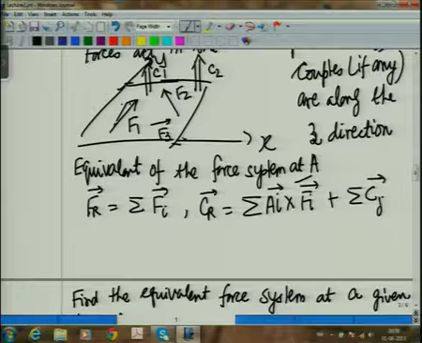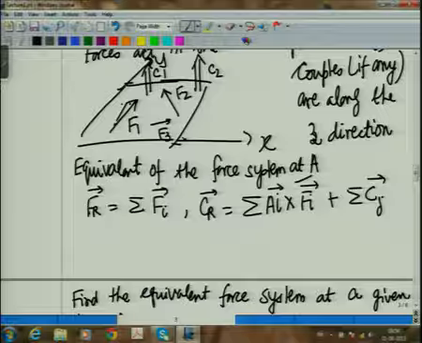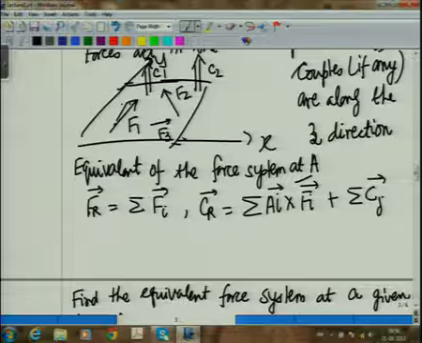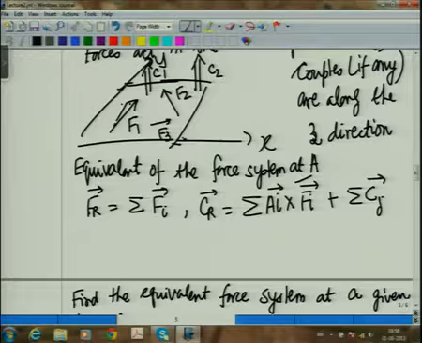So now, when you look at the forces, what will be the components of the resultant force? It will be along I and J. Because all the forces are along I and J, when you add them up, you will get only I and J, no K will come.